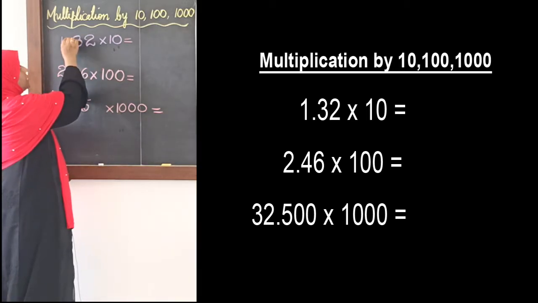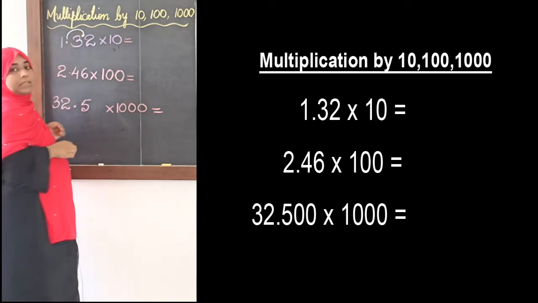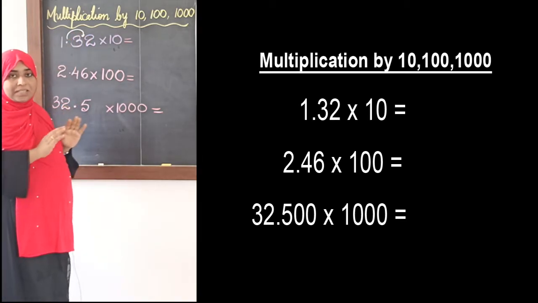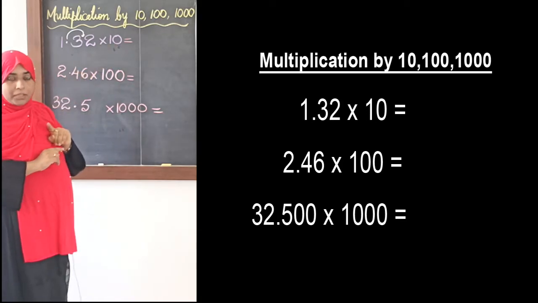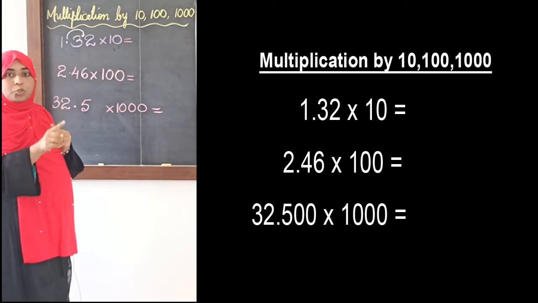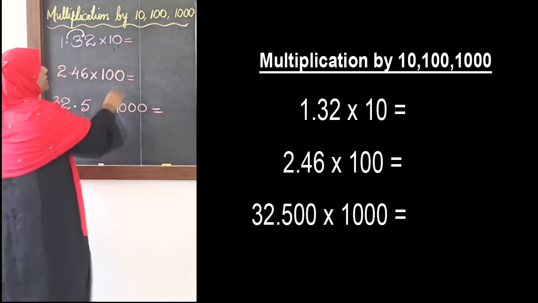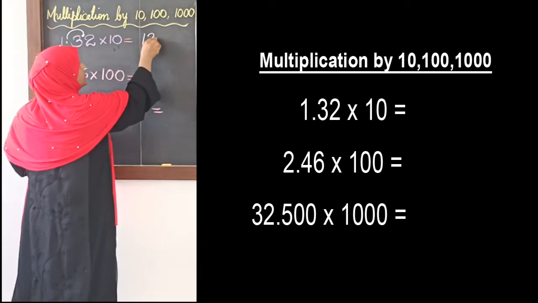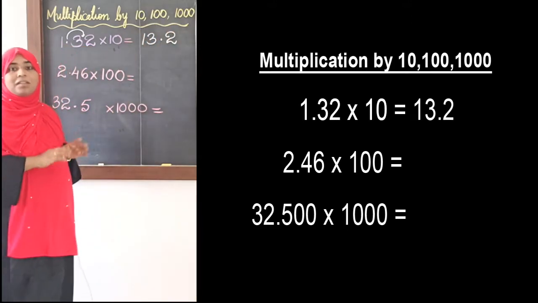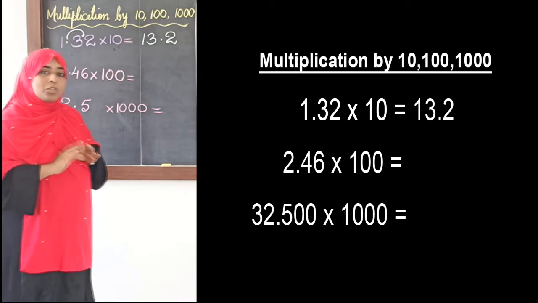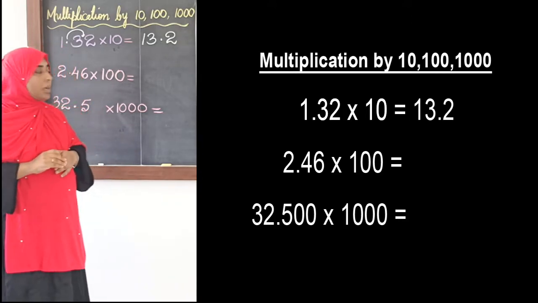So, from here it will shift to the next place, that is after 3. It is very simple. Since there is 1 zero in 10, the decimal point will shift one place to the right side, and we will get the answer as 13.2. Isn't it simple? Yes, we just have to see how many zeros we have and shift the points accordingly.